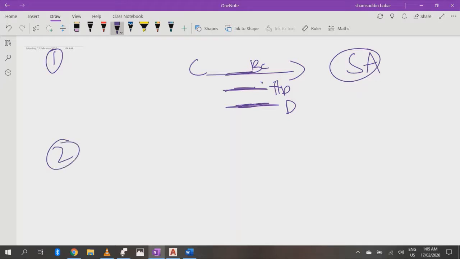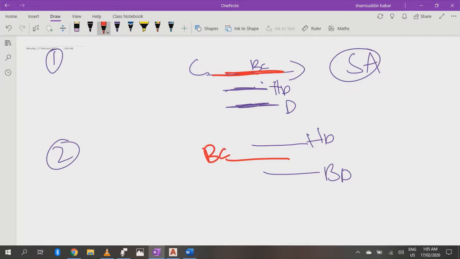In the second case, now this bed level of canal is here, and the highest flood level of drainage is here and the bed level of drainage is here. In this condition we provide a siphon aqueduct.